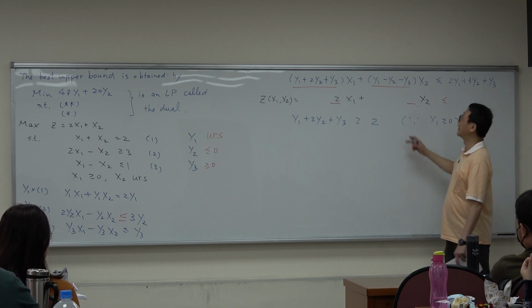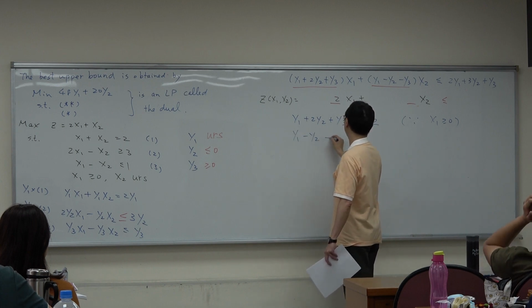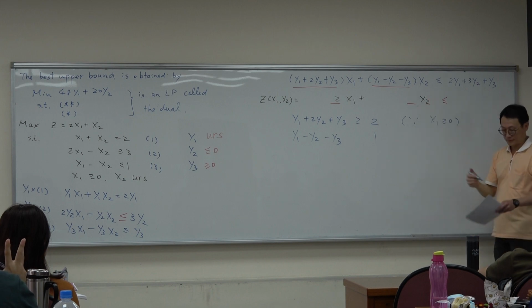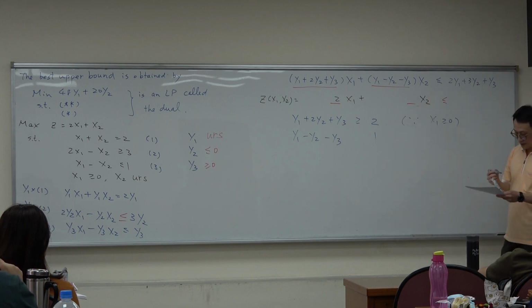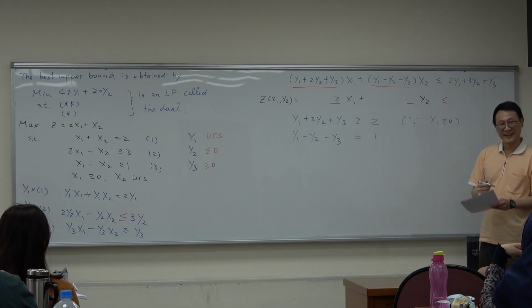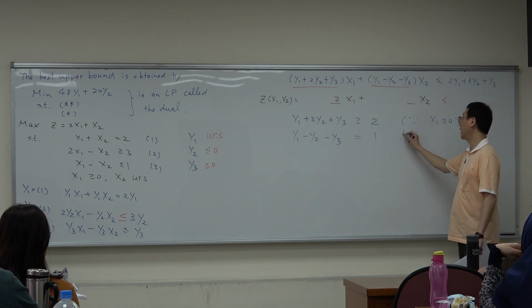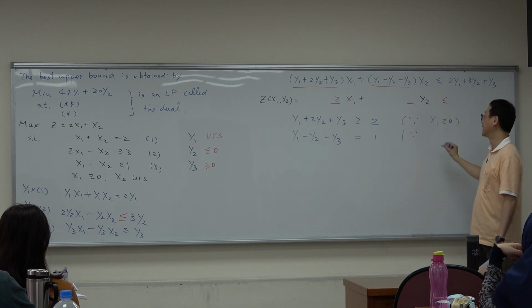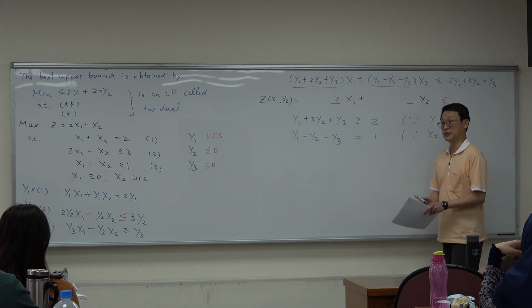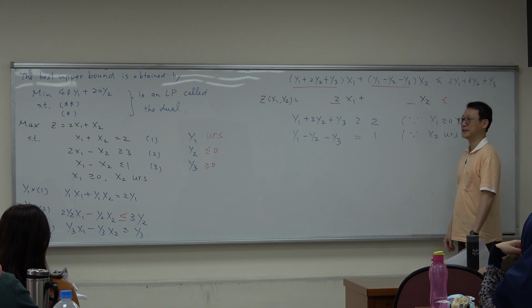Okay, so the next one is we compare y1 minus y2 minus y3 and 1. It should be equal to. Because x2 is unrestricted, it could be a positive value, it could be negative, it could be 0.